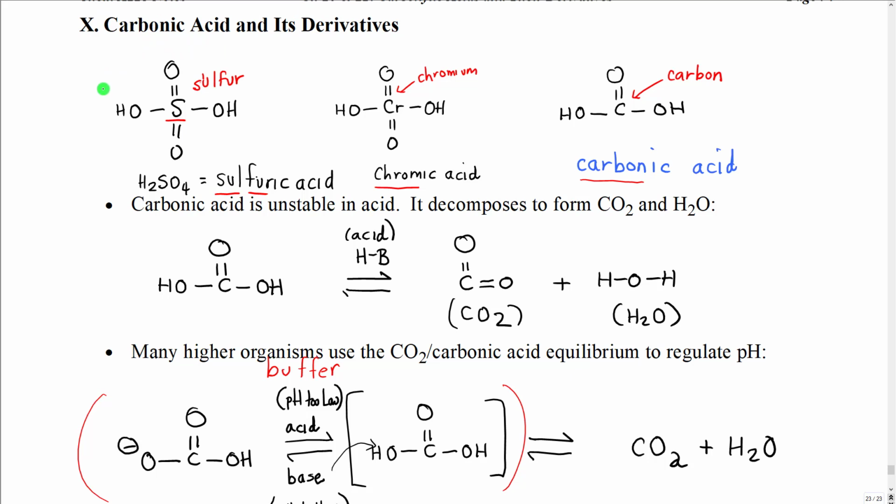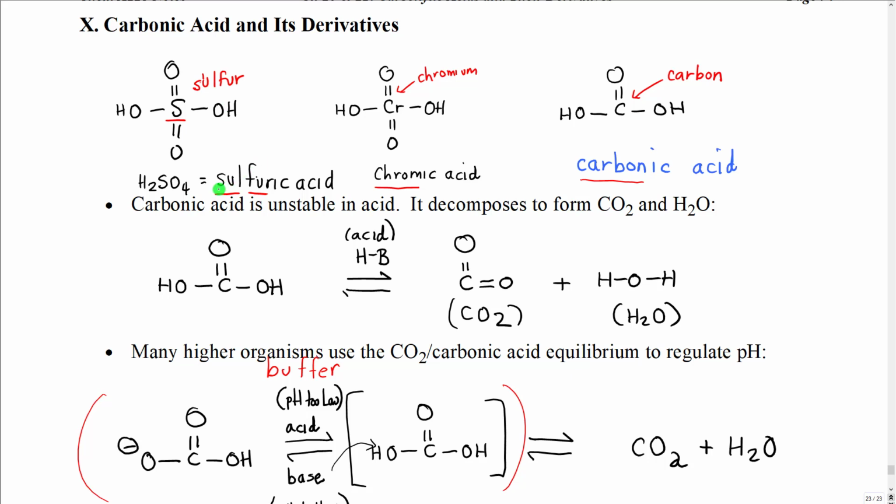For example, if we look at this structure, this is the octet-rule-violating structure of sulfuric acid. We have sulfur, we have a double bond to oxygen, and then we have OHs directly attached. So sulfur in the middle, double-bonded O's, and OHs.